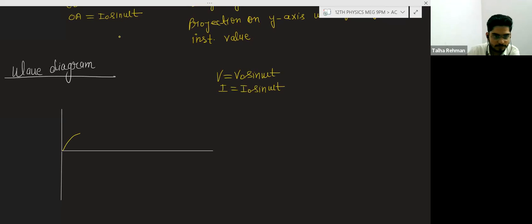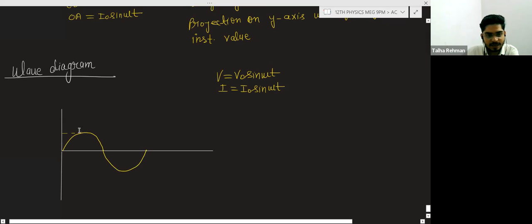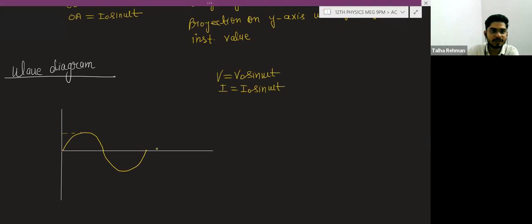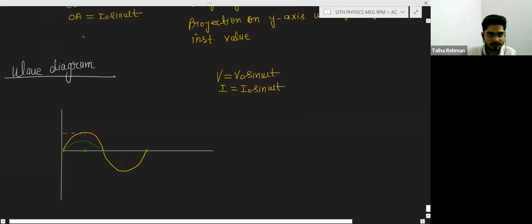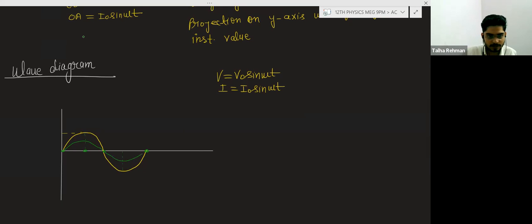This graph is representing the voltage, and when you draw it for the current, it will be like this.